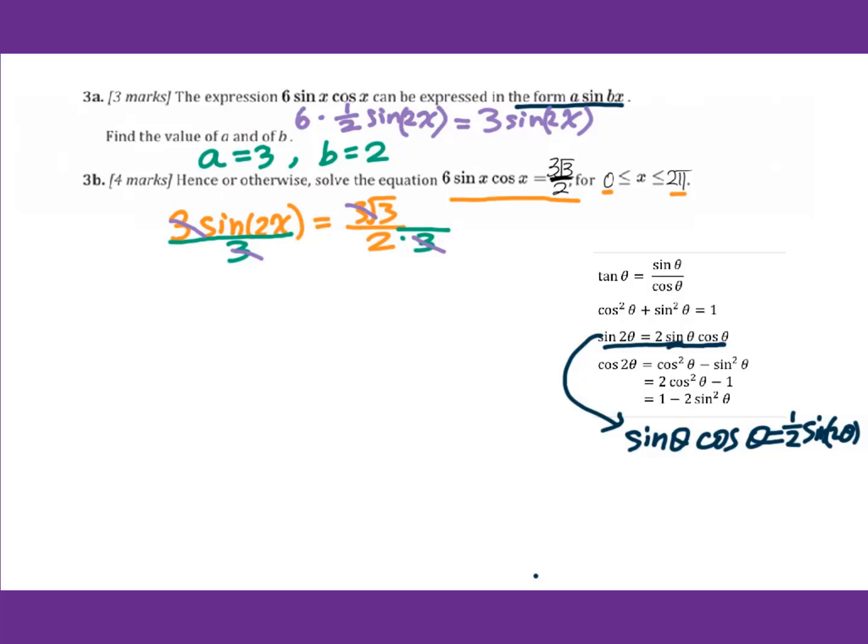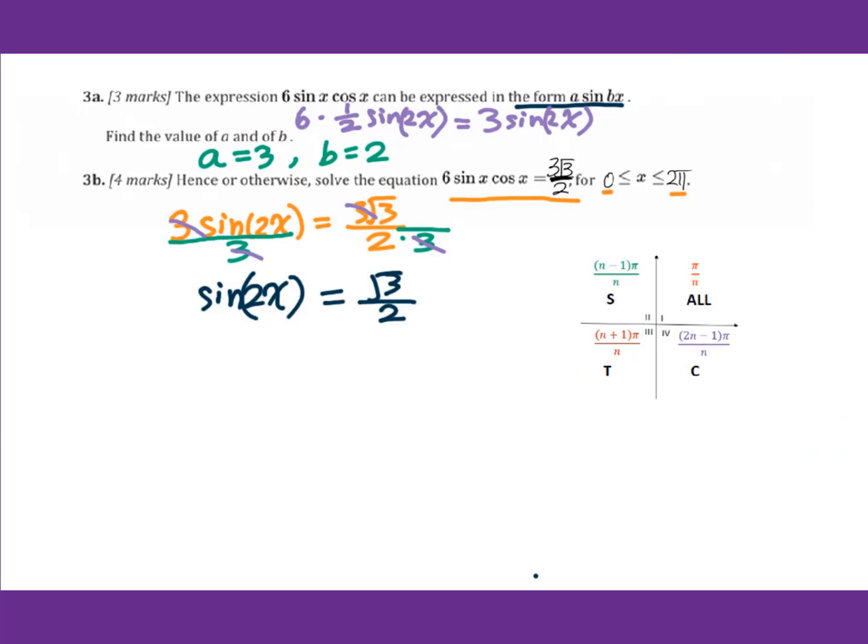You will get sin 2x equals square root of 3 over 2. Since sin pi over 3 equals square root of 3 over 2, therefore alpha equals pi over 3.